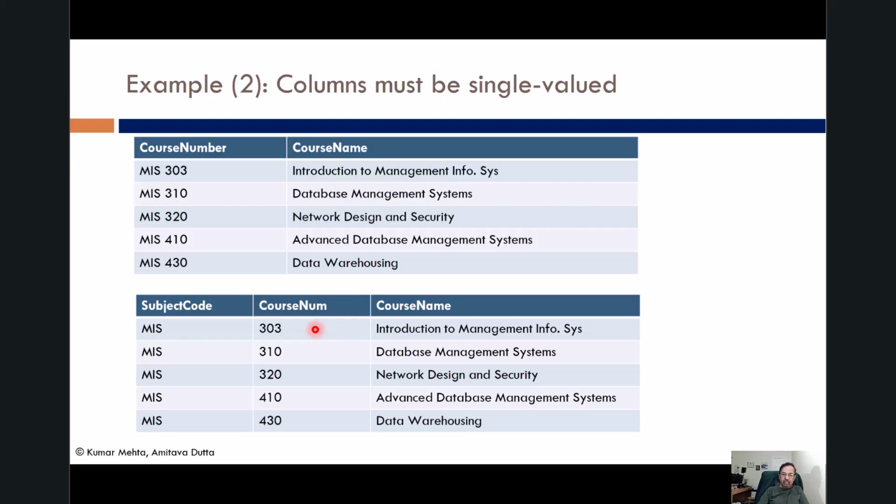The benefit of breaking it up into 2 pieces is that you could have finance 303, you could have finance 310, okay, and be able to identify MIS courses. If I want a list of all MIS courses, then I can't consider these 2 together, okay. So there can be conceptual reasons to break this course number down further.